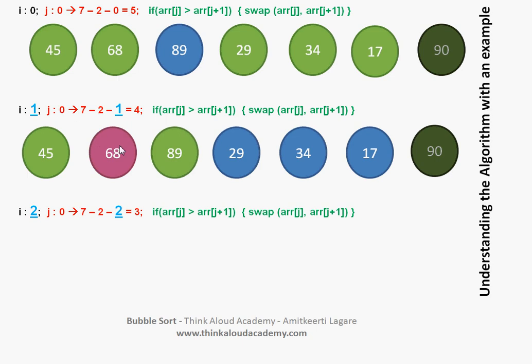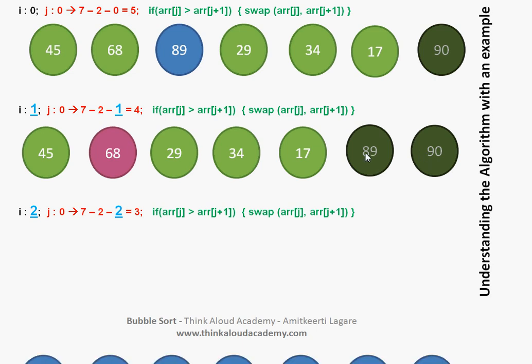Then when j becomes 1, we compare array of 1 with array of 2, and we retain as it is. Then when j becomes 2, we compare array of 2 with array of 3 and we exchange. Subsequently we do the same thing for 34 and 89, then 89 and 17, and 89 gets sorted. We will not compare 89 and 90 because there is no reason to. So j would not go all the way till the end because 90 is already sorted.